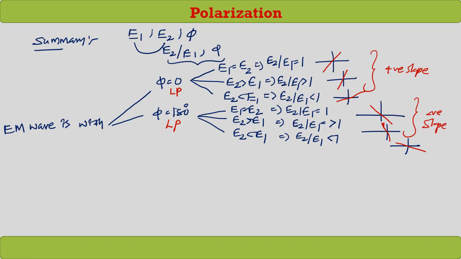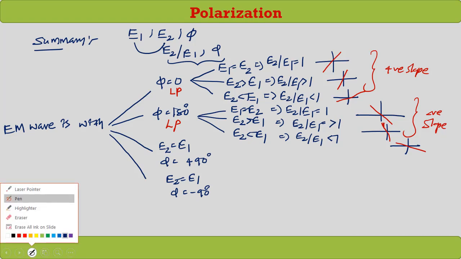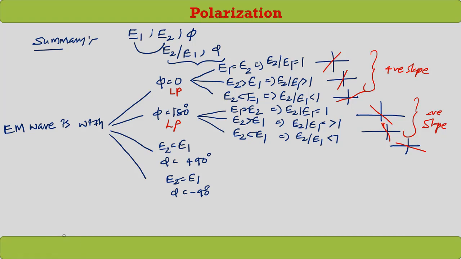Now we'll see CP. That means E2 is equal to E1 and phi is equal to plus 90, and E2 is equal to E1 and phi is equal to minus 90. So when you take it like this, what type of polarization will you get?